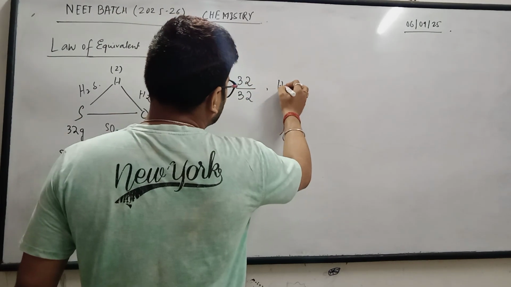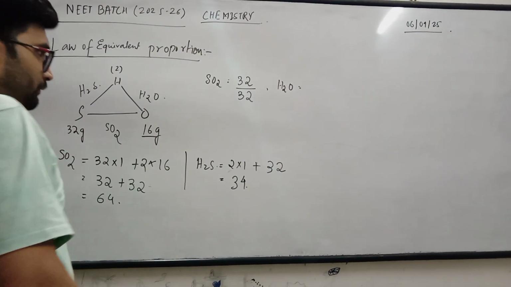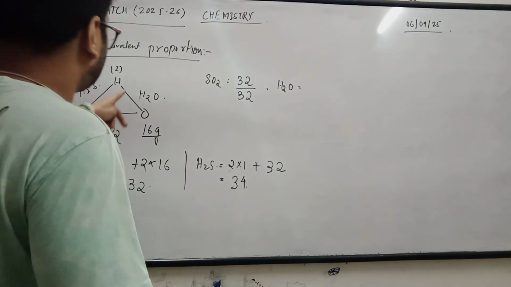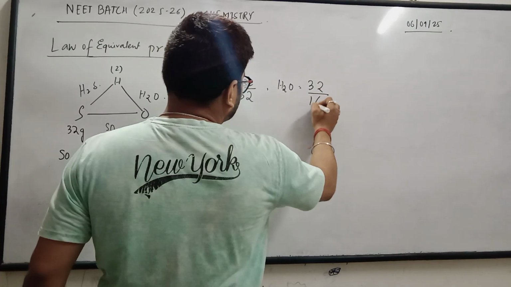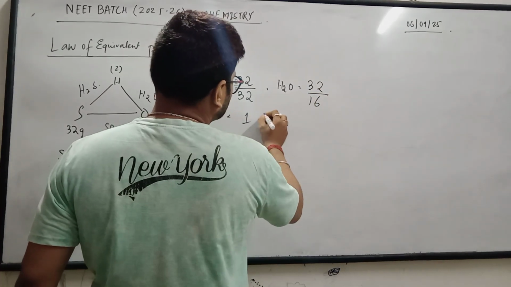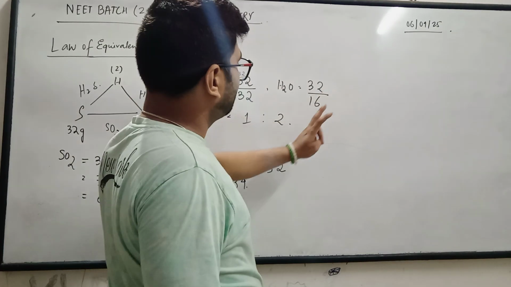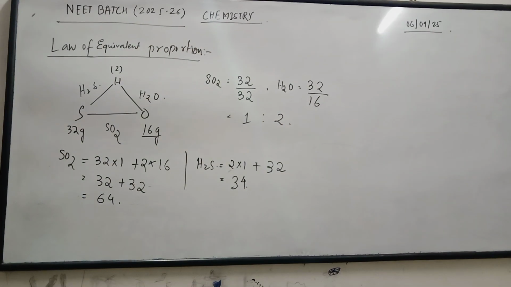Combining with water, hydrogen and oxygen, it is 32 divided by 16. So what is the ratio? 1 is to 2. 16 by 32 is 2 and 32 by 32 is 1.